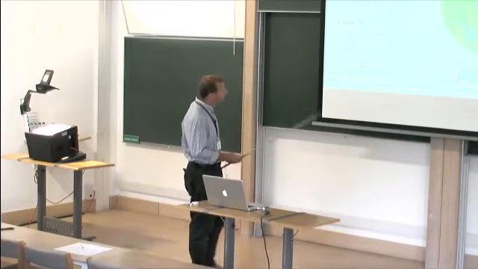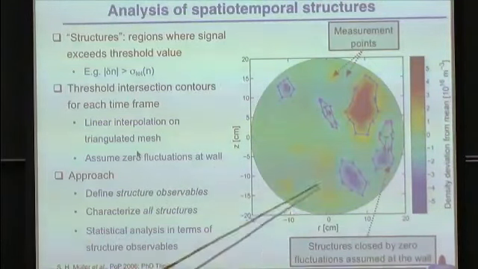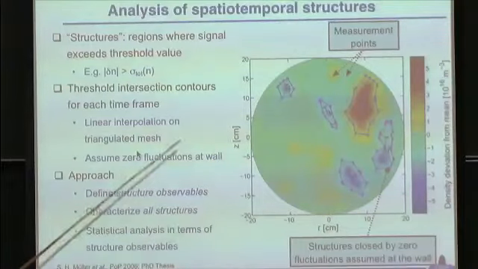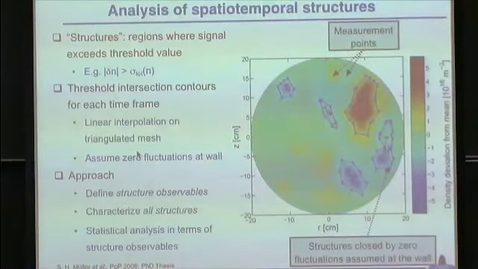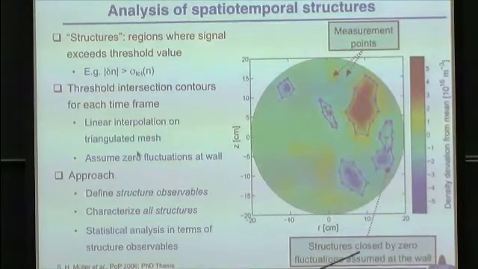Then you can define observables for these structures. We have 15 observables. Some of them we never use really, like aspect ratio and so on and so forth. But they're there particularly for comparing with theory. So they can be treated statistically, but you can also follow individual blobs throughout their lifetime, if you like.